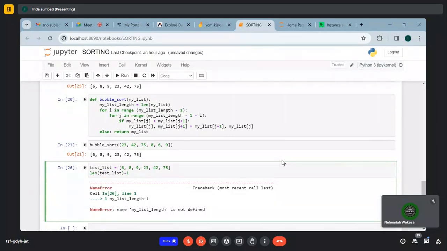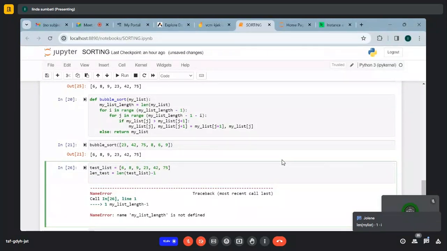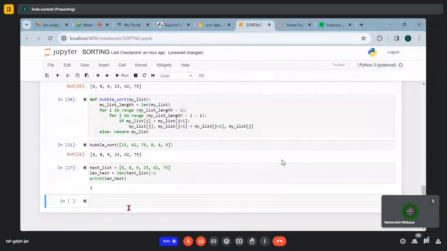Just call it len test. Len test as a variable. Yeah. Then you print it. Okay, now let's print out len test. That way? LEN, yes, LEN.